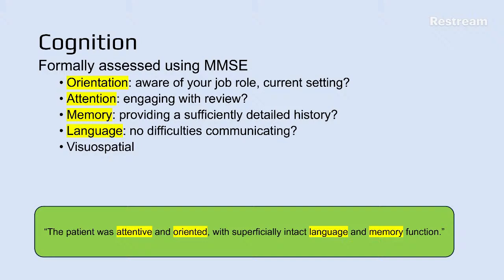Memory has to do with things like are they providing a sufficiently detailed history? And finally, language. Do they have any difficulties communicating with you? I put in here a nice one-line summary that you could use, which ties everything together if everything is normal. So for instance, the patient was attentive and oriented with superficially intact language and memory function. Thank you. Next slide, please.